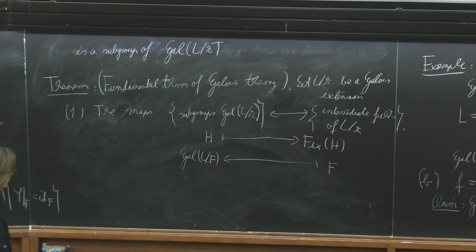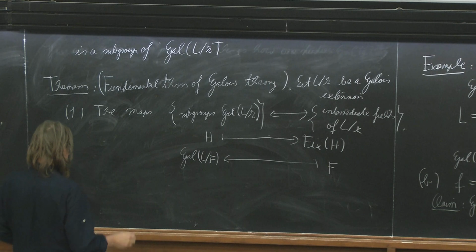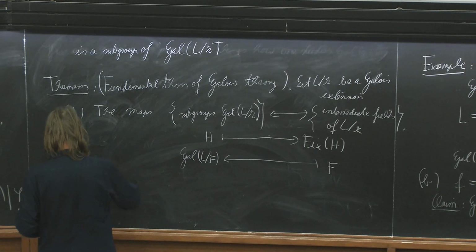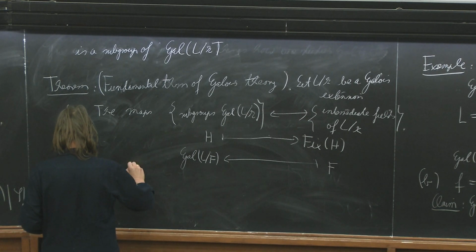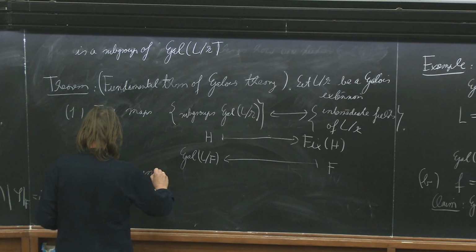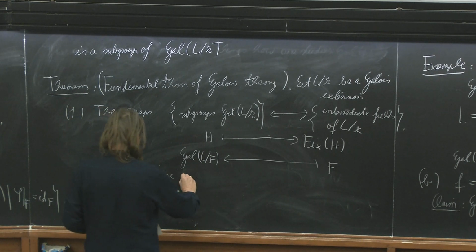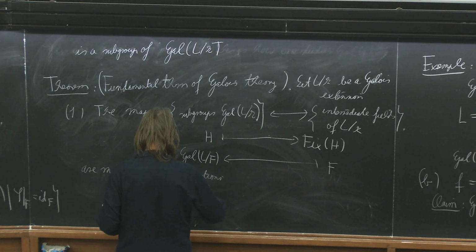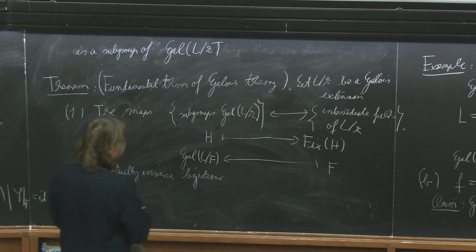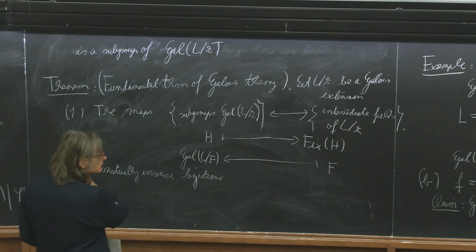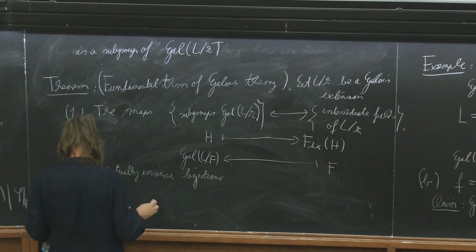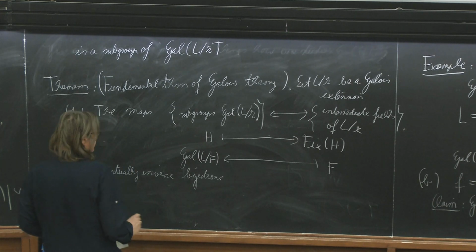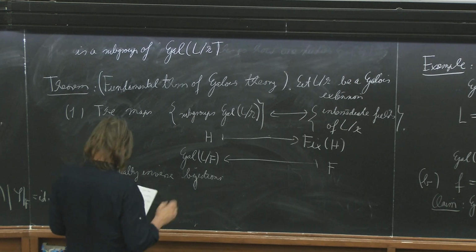The claim is that these maps are bijections and they are inverse to each other. Really inverse bijections. So what does this explicitly mean? Well, it just means the obvious thing. If I compose them, I get the identity in both directions.